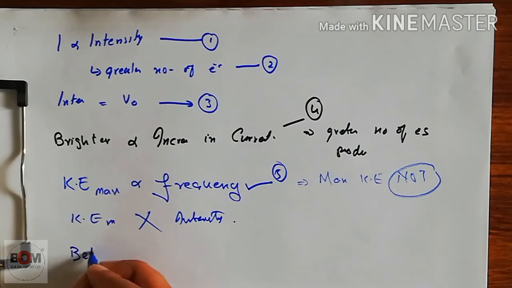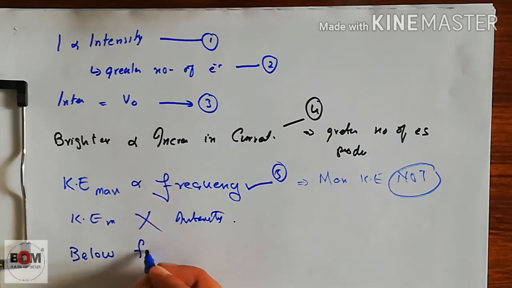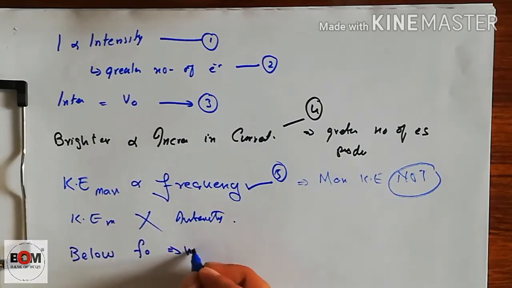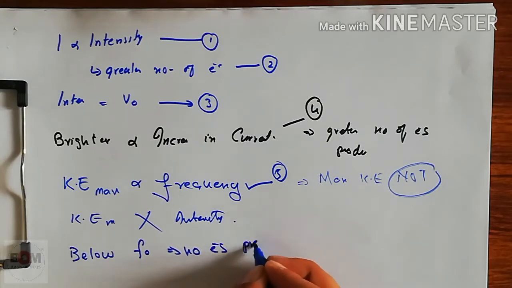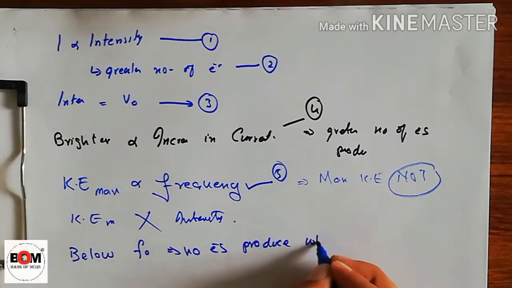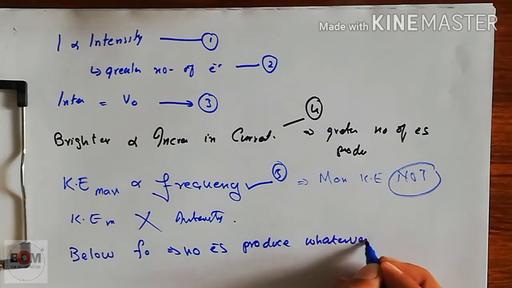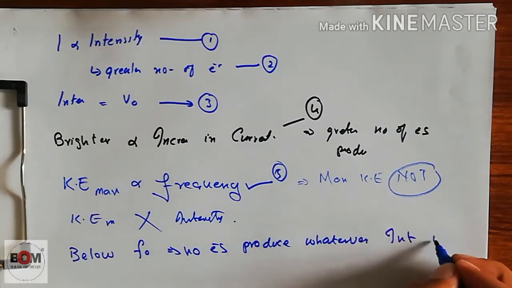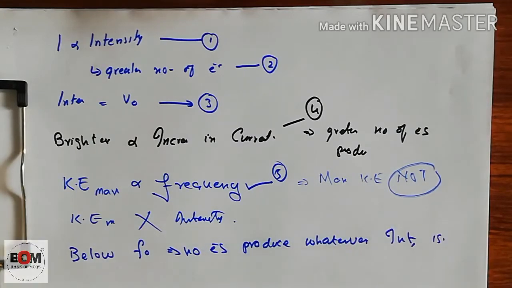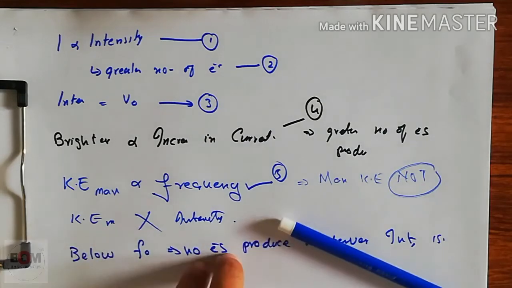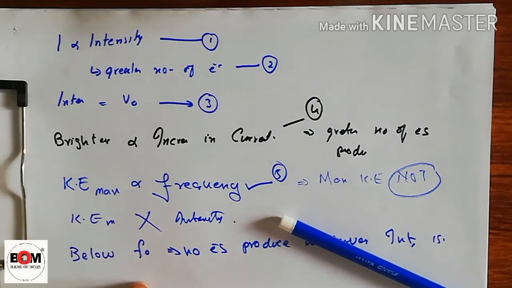So below F naught, which is the threshold frequency, no electrons are produced, whatever the intensity value is. Even if we make it maximum, still no electron will be produced because the frequency is less than the threshold frequency.